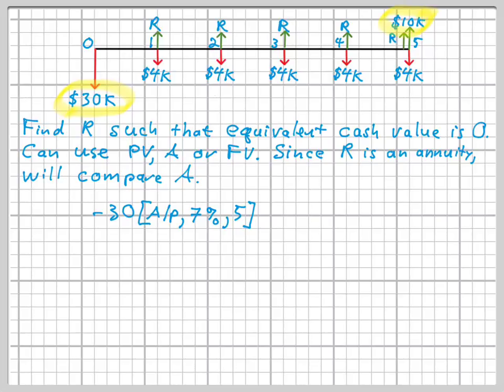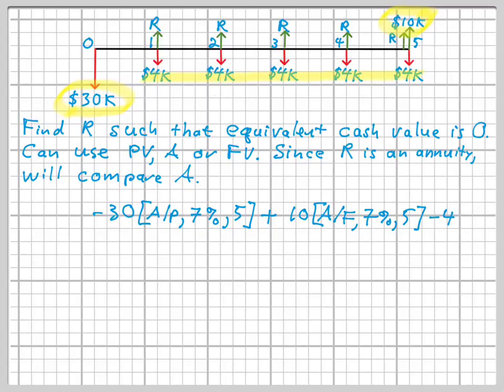Next, I want to convert the $10,000 we get at the end to an annuity. For that, I'll take the $10,000 and multiply it by the equivalence factor for an annuity given a future value, since that's in the future. And that's also known as a sinking fund factor. So I'll use the sinking fund factor for an interest rate of 7%, or MAR, for 5 years.